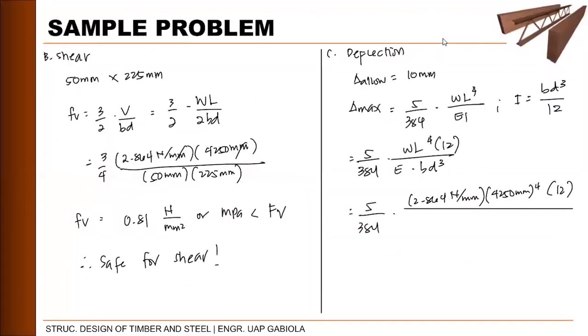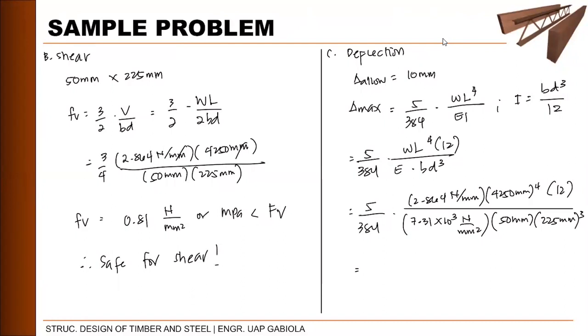So this is 7.31 times 10 cube Newton per mm squared. So megapascal na yan. Times yung B natin, which is 50 mm. And then yung D natin na 225 mm cube. Okay? So let's calculate. 5 times 2.864 times 4,250 raised to 4 times 12 all over 384 times 7.31 times 10 to the 3 times 50 times 225 cube.